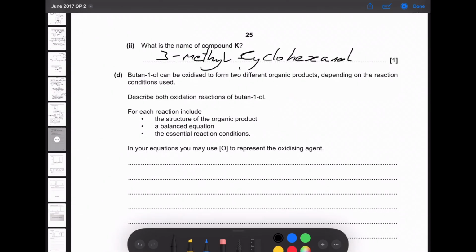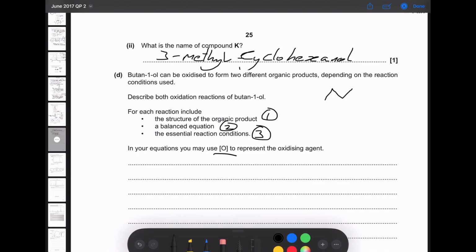Butanol can be oxidized to form 2 different organic products depending on the reaction conditions used. Describe both oxidation reactions of butanol. Describe in each the structure of the organic product, a balanced equation, and the essential reaction condition, and use square bracketed O to represent the oxidizing agent.